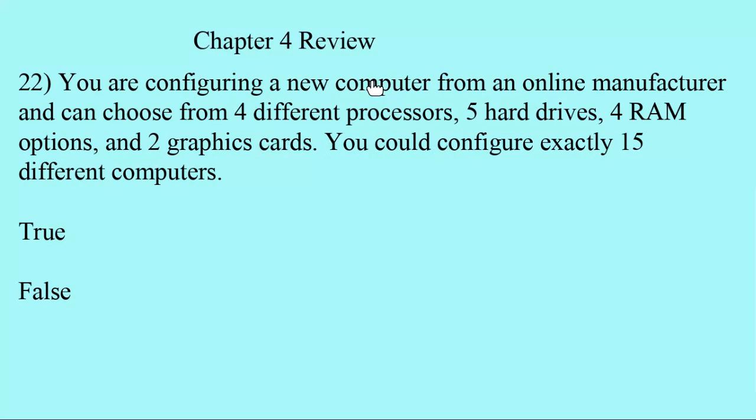You are configuring a new computer from an online manufacturer and can choose from 4 different processors, 5 hard drives, 4 RAM options, which is random access memory, that's memory for the computer, and 2 graphics cards. You could configure exactly 15 different computers. Is that true or false? Yep, think about it.